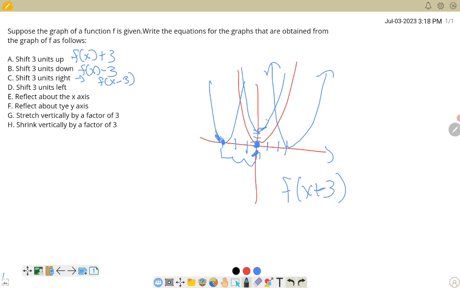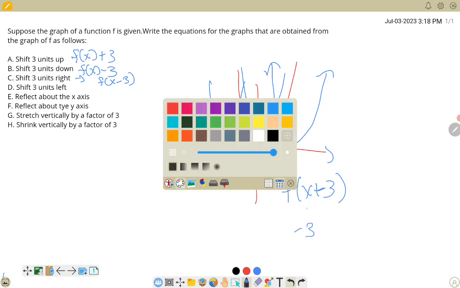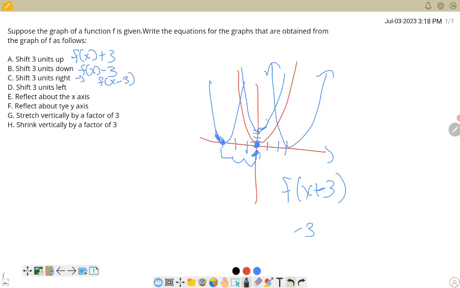And in this case, to get to 0, I actually have to have negative 3 for x, because negative 3 plus 3 is equal to 0, in which case would give me my 0 back. And just go back and verify for yourself that this works. Now, for the same reason, if I wanted to shift to the left by 3 units, then I have to have f of x plus 3.